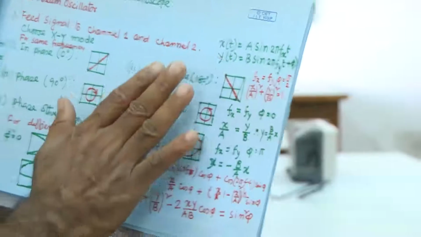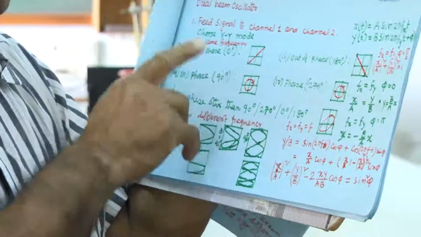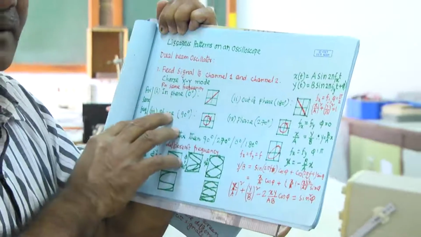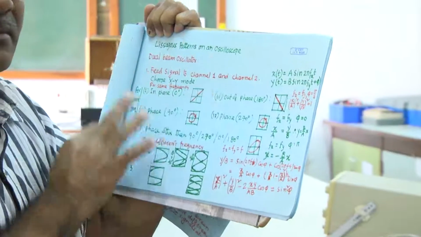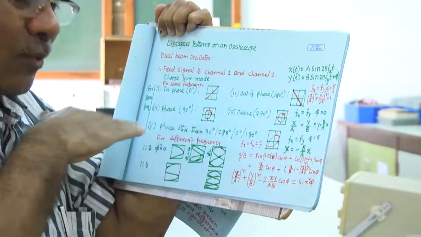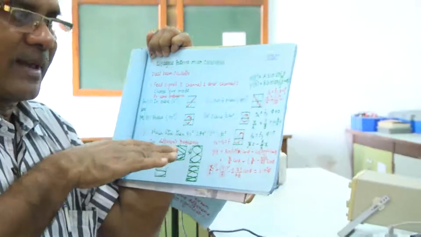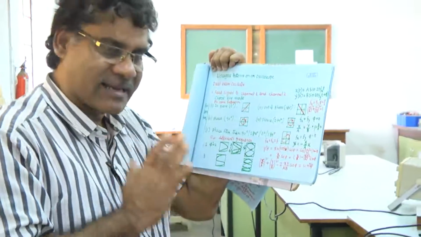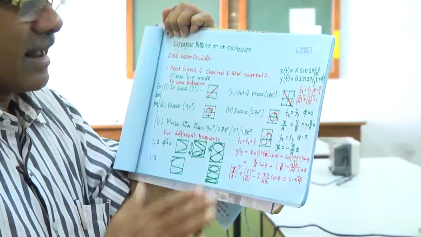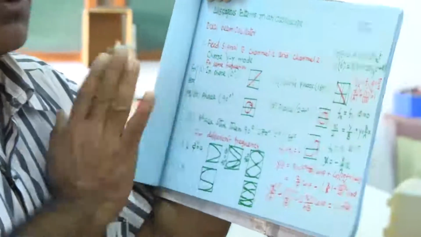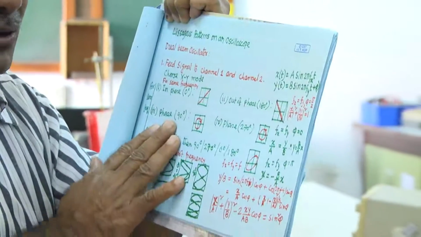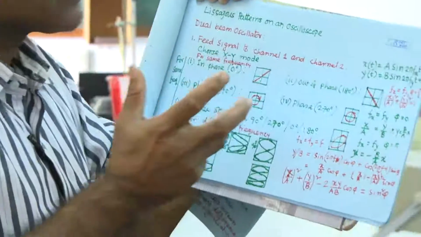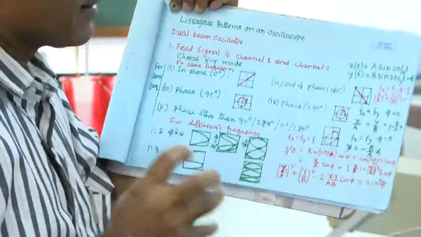When you use the XY mode, two signals are put in these two channels. The x axis will be a voltage axis and the y axis will also be a voltage axis. So the time axis will not work.